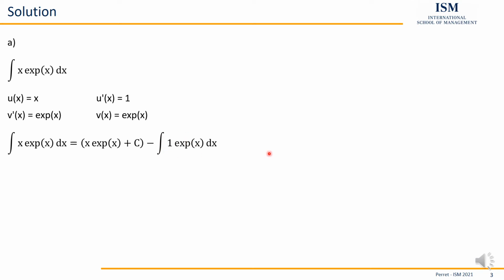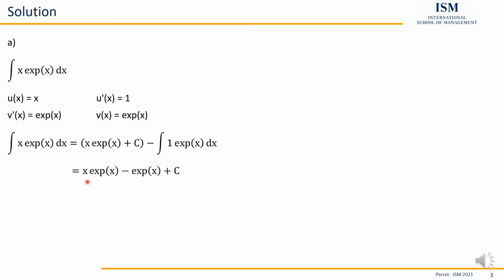Well, this simplified the expression because now we only have to integrate the exponential function of x, and as we said before, this remains the same. So this results first in this part here, x times exponential function of x, then minus, that's from the rule for partial integration, and then integrating the exponential function of x, giving us the exponential function again, and plus c.